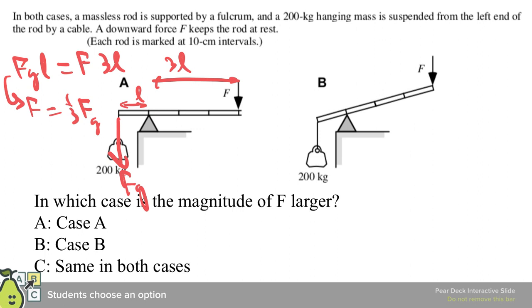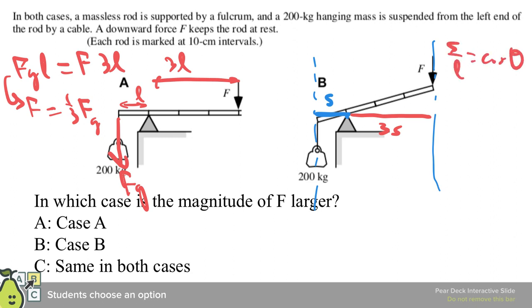And then we look at case B, and we say, well, now the lengths are going to be a little irksome because the line of action is this thing, and the line of action for that one is this, and the length that we need is from the pivot to that. This is our new, we'll call it distance S, and then we have this distance, which of course would be 3s, where we can see that S over L is the cosine of whatever angle we've gone through here.